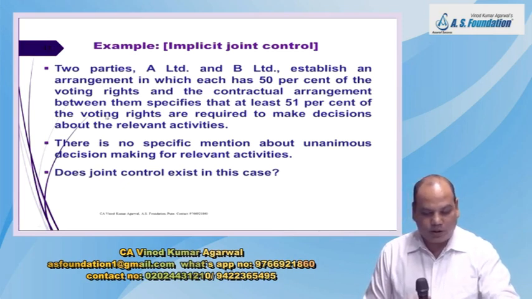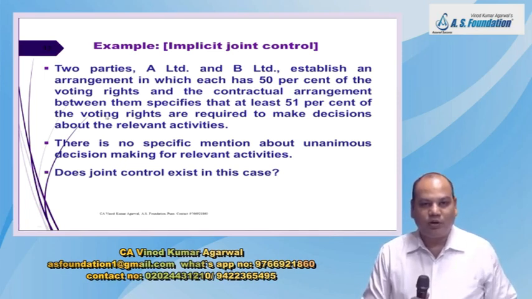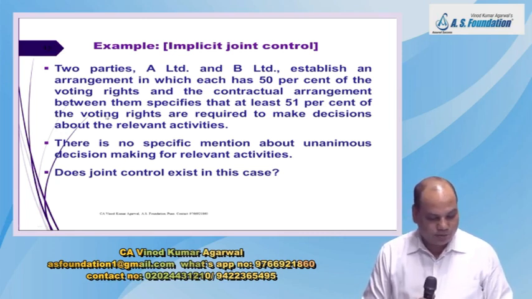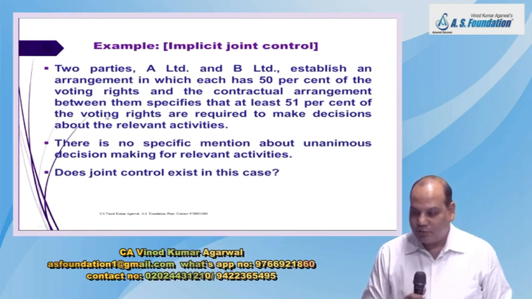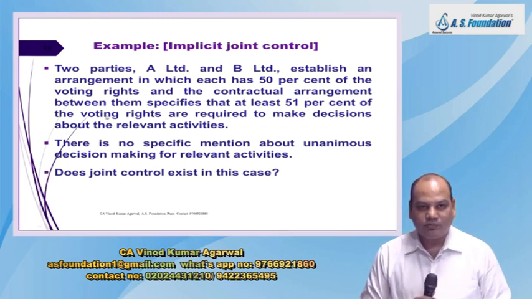They have not specifically agreed, but the way they have designed the agreement, it amounts to them having to agree unanimously. Two parties, A and B, establish an arrangement in which each has 50% of the voting rights, and the contractual arrangement between them specifies that at least 51% of the voting rights are required to make decisions about the relevant activities. Each of them holds 50%.